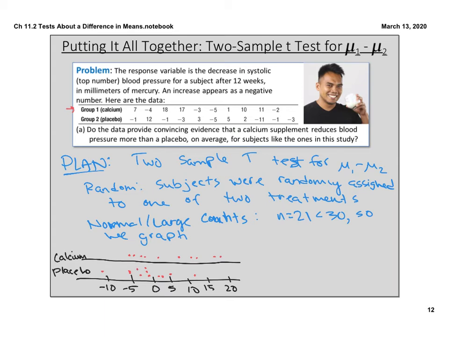Okay, so when I take a look at those two graphs, the graphs reveal no strong skew or outliers. Okay, check. Good.